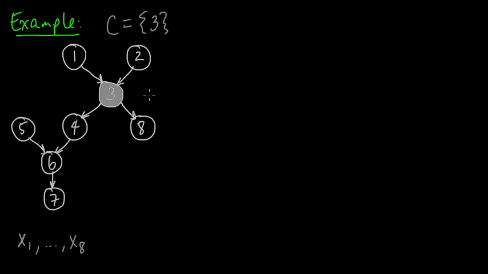All right, so now, what do we want to know? Just to keep things simple, let's think about pairs of individual random variables. And we want to know things like, is xi conditionally independent of xj given C? And in this case, C is x3.